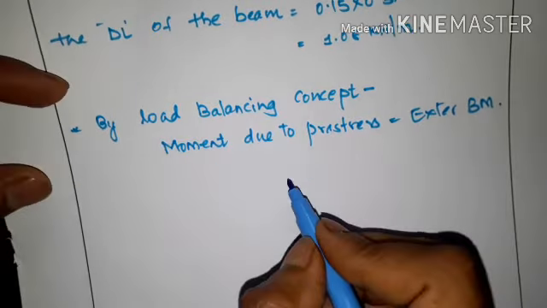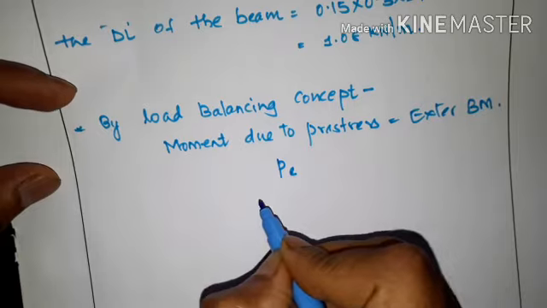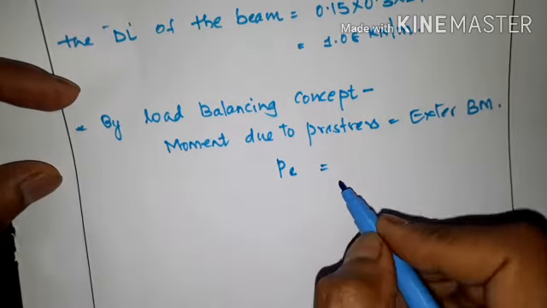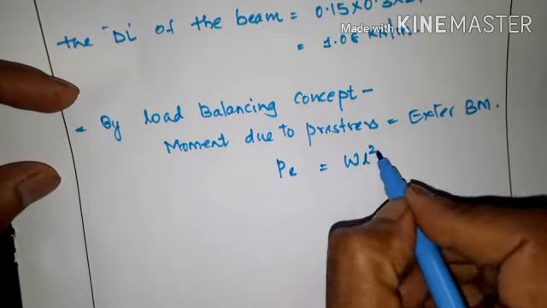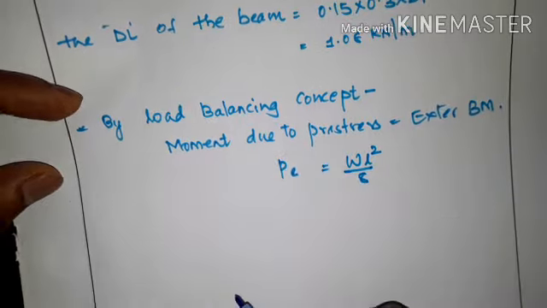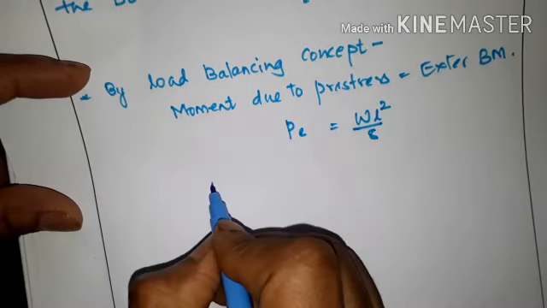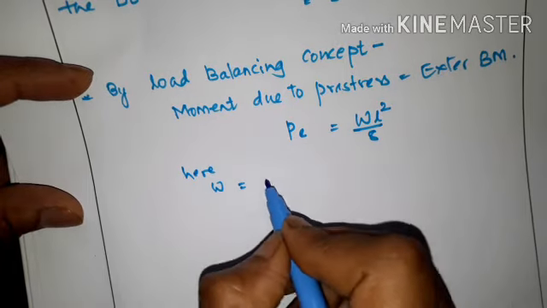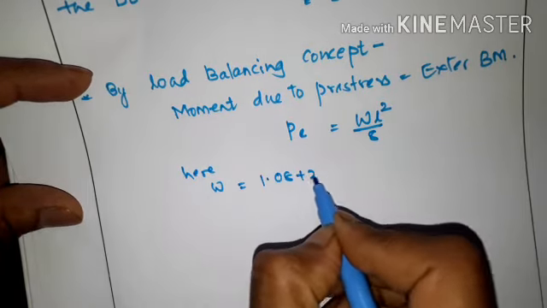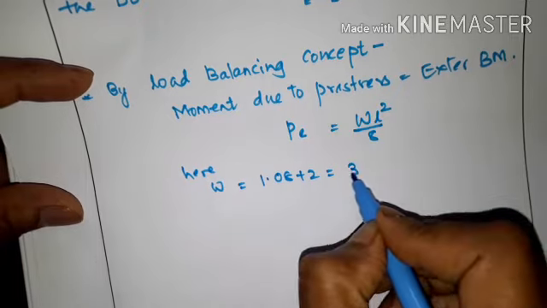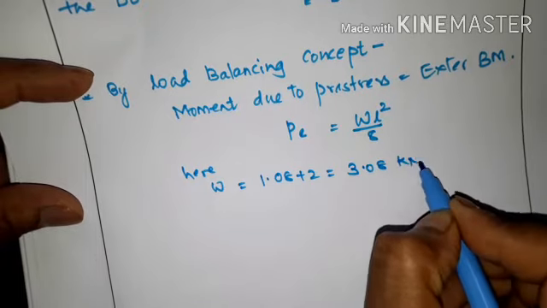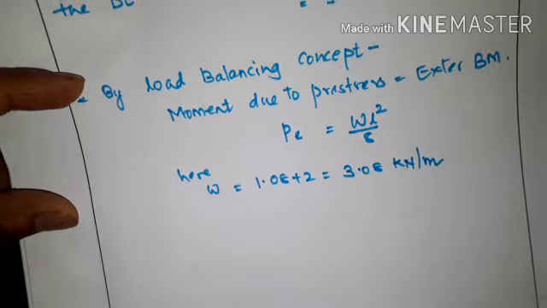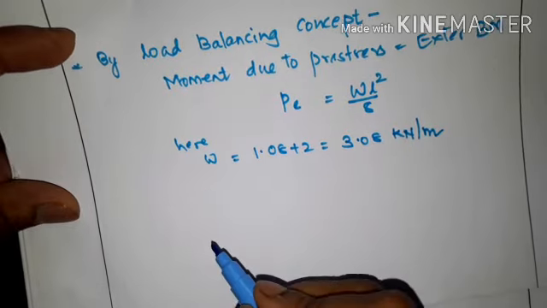So the moment due to pre-stress is nothing but P into e, which is equal to the bending moment due to external load, WL square by 8. Here W is equal to 1.08 plus 2, so that is 3.08 kilonewton per meter.